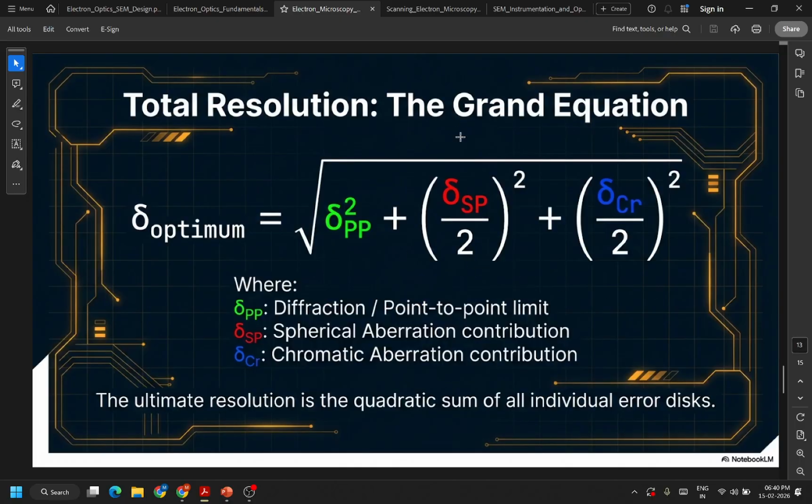So the total resolution, which is given by your optimum resolution, is the square root of your diffraction limit plus the spherical aberration contribution plus the chromatic aberration contribution.